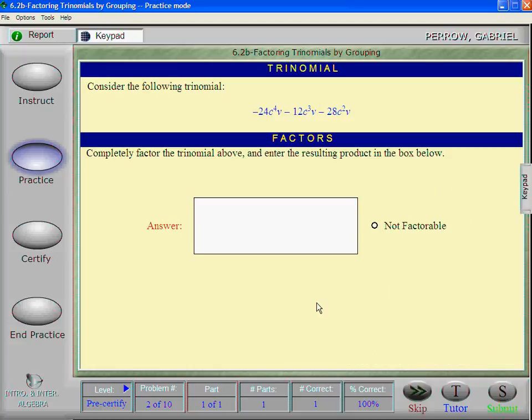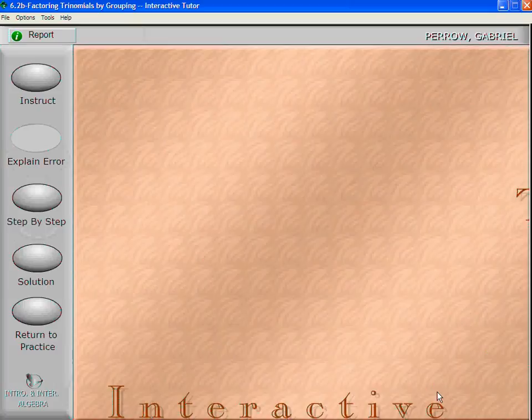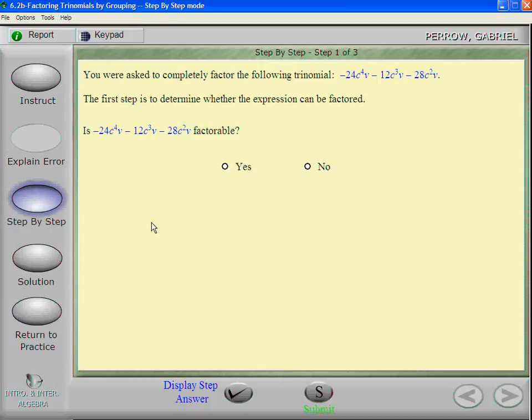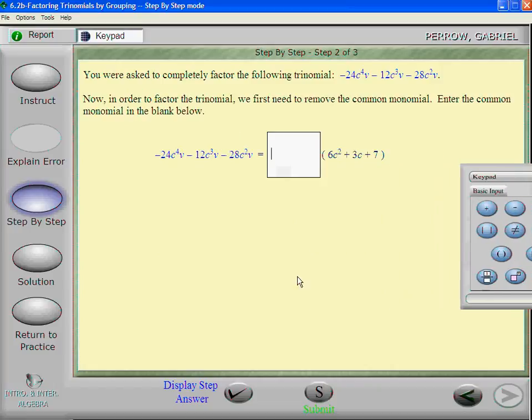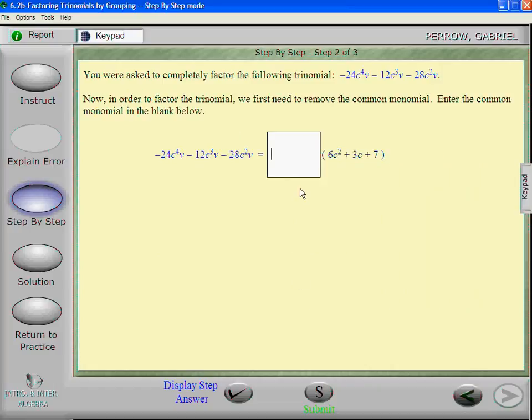Okay, another example here. We'll try to get through this with the time we've got. I see that there's negatives in everything here, but in particular, the highest powered term has a negative in front of it. So if the highest powered term has a negative, I'm going to be pulling out a negative in addition to anything that's common. So if we answer the same question, definitely factorable. And they want us to think about what to pull out.